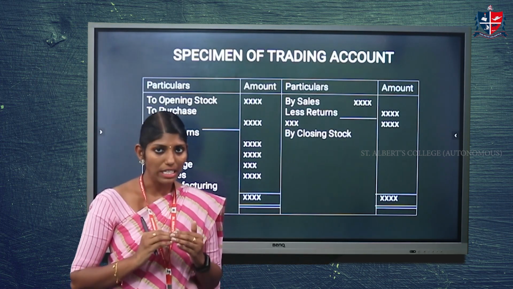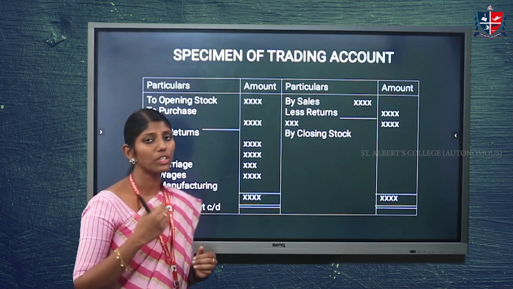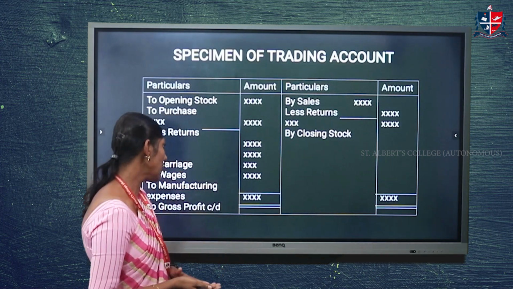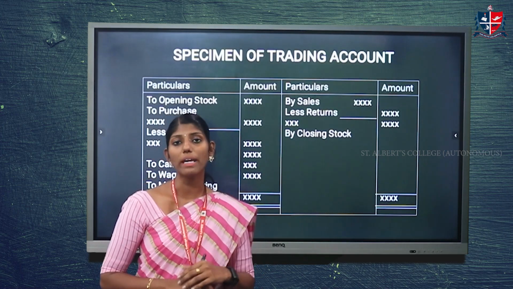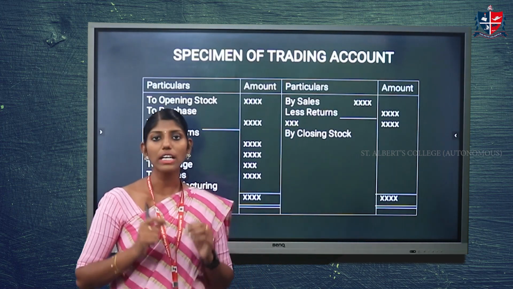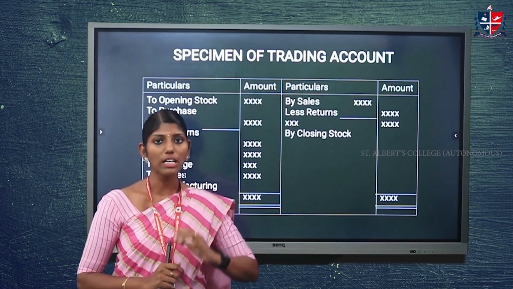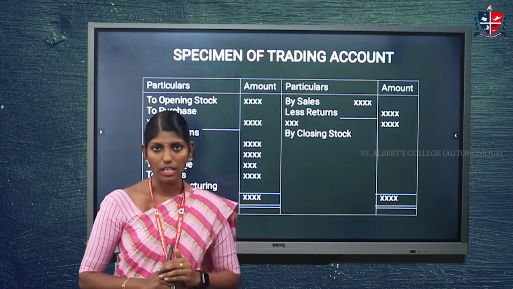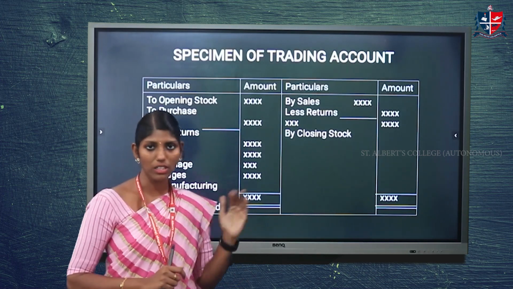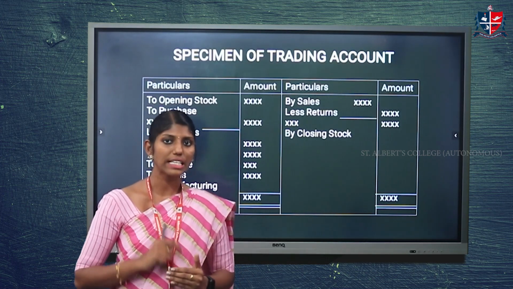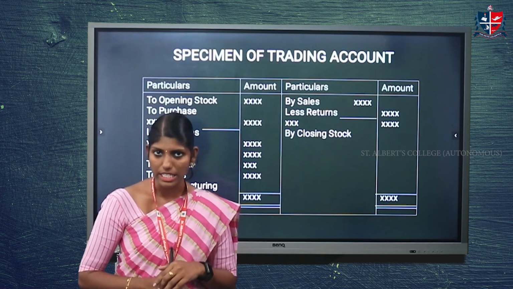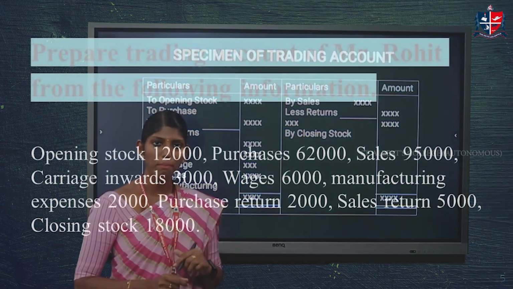If the total is more on the debit side, the difference is gross loss and it should be credited in the trading account. After completing this trading account, this balancing figure, either gross profit or gross loss, is transferred to the P&L account.